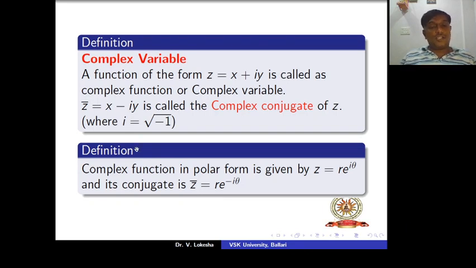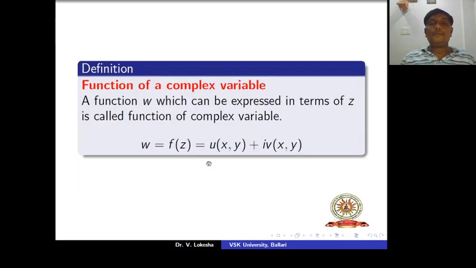A complex number in polar form is z is equal to r e power i theta, and its conjugate is z bar, r into e power minus i theta. And also we can discuss a function of a complex variable. A function w which can be expressed in terms of z is called a function of a complex variable.